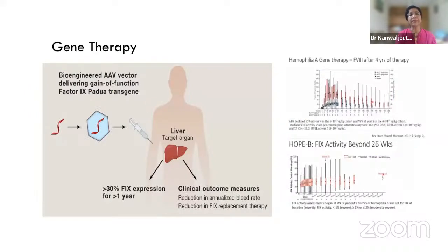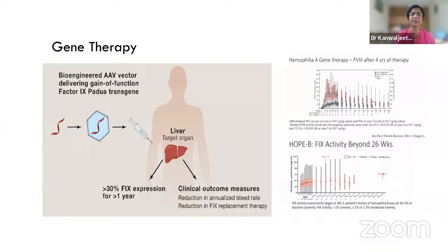Gene therapy can be done by either adeno-associated vector, which has an advantage that it goes and settles directly in the liver with the transfected gene. The other option would be to use the lentivirus, which is used to transfer gene ex vivo, and then that has to be administered into the body through something like an autologous bone transfer.